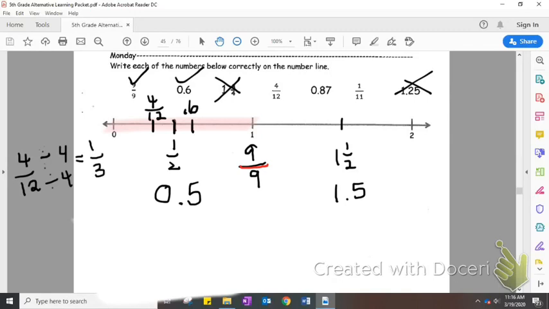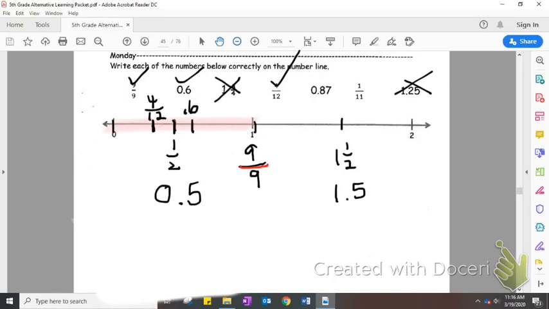So you could kind of think about it, between 0 and 1, can you divide this into thirds? 1/3, 2/3, be a little bit past this actually, 2/3, 3/3. Yeah, this would be about where 1/3 is. So that works.